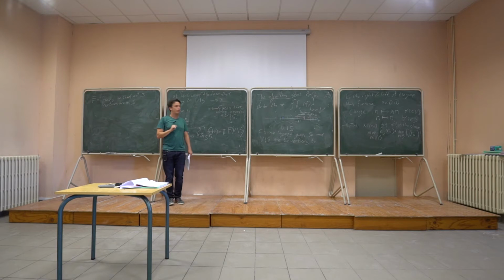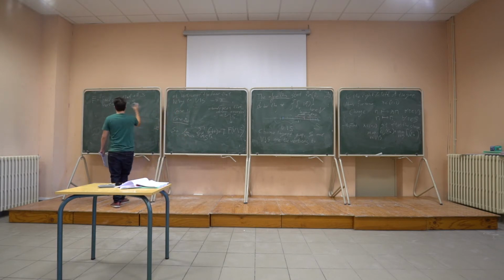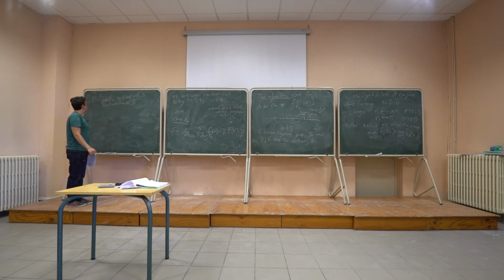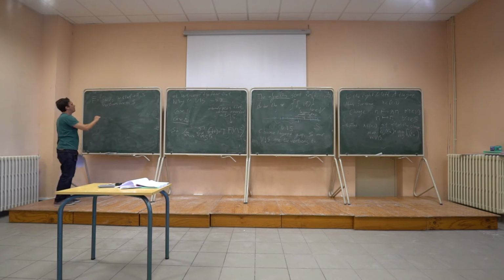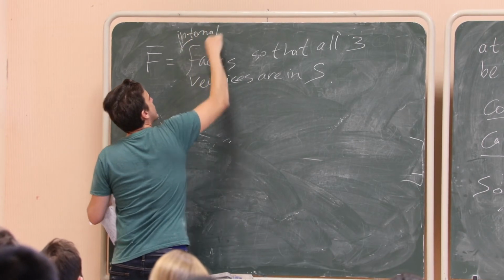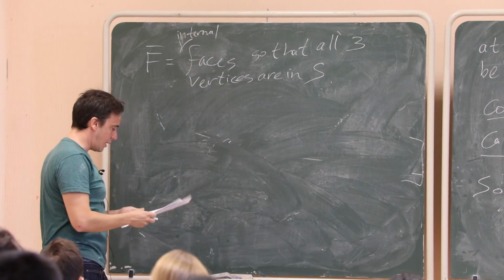Right, the number of faces is 2n minus 4. I'm only looking at internal vertices, so the sum of these two cardinalities is 2n minus 5. Here I'm also only looking at internal faces, not the outside face.